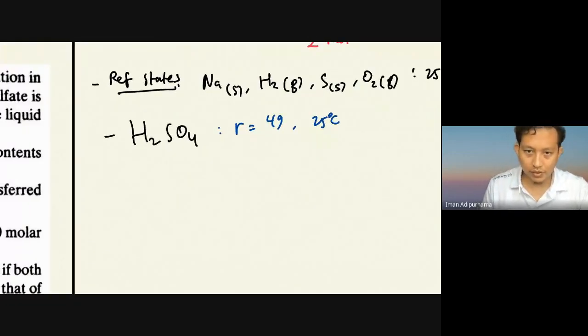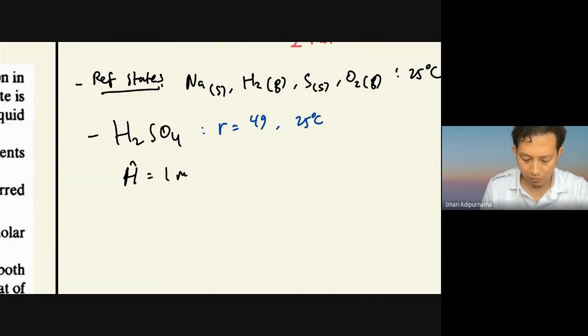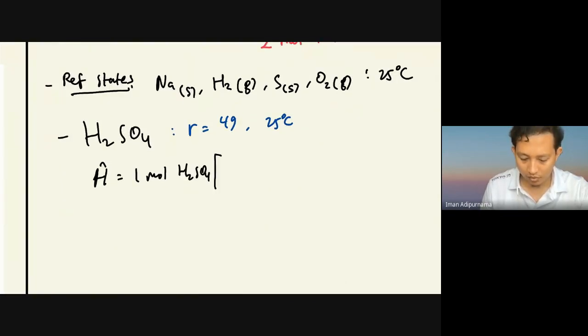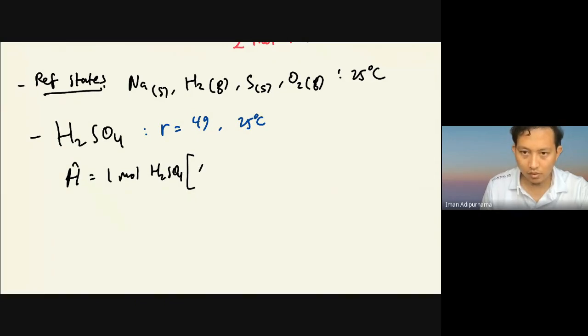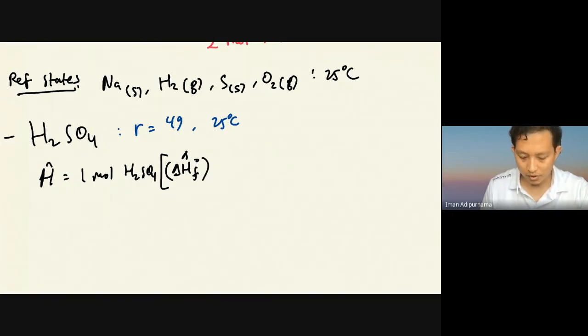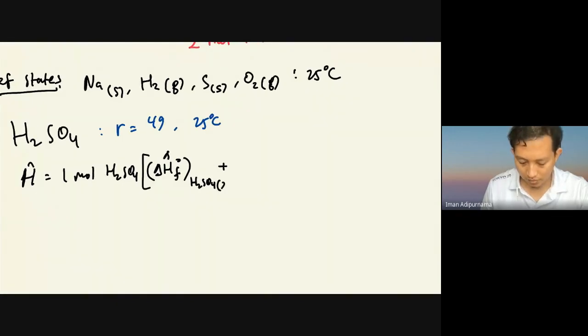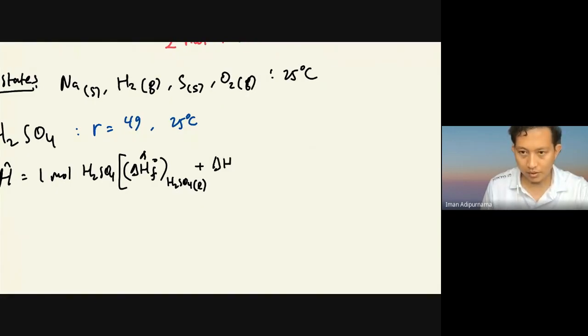So the enthalpy will be 1 mole plus the heat of formation of the acid liquid, plus the delta HS, which you can get from R equal 49.